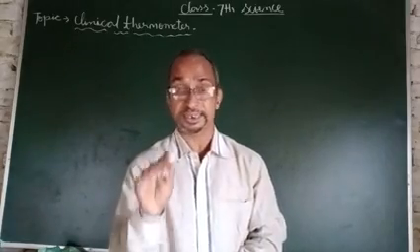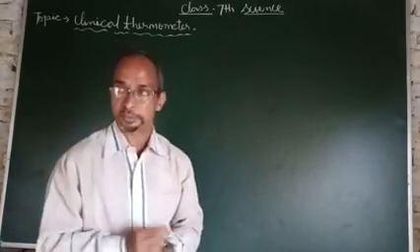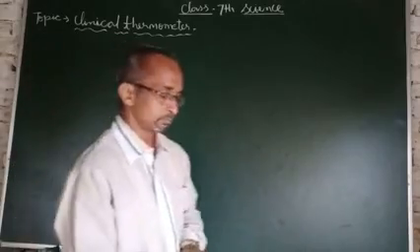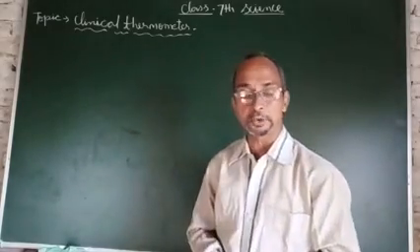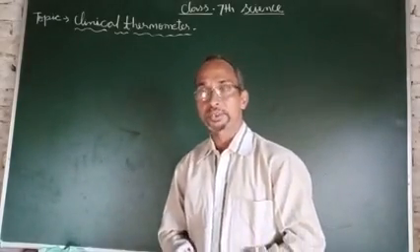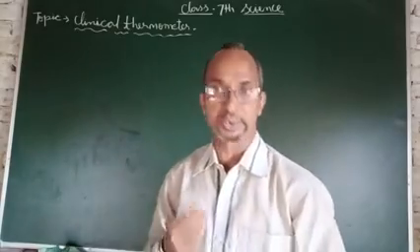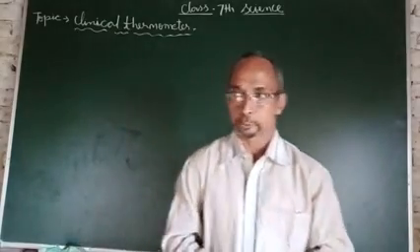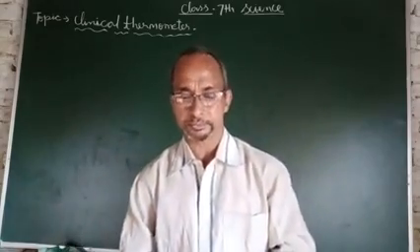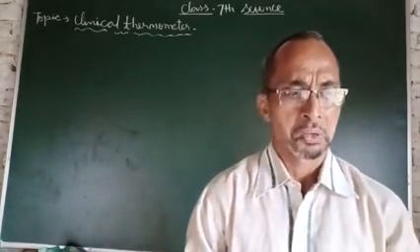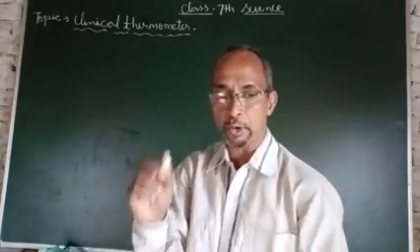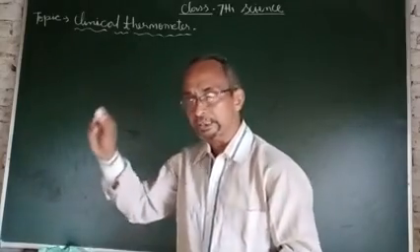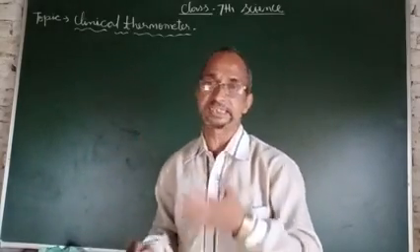The clinical thermometer is also called the doctor's thermometer, and this type of thermometer is used by doctors for measuring the temperature of the human body. The clinical thermometer has a temperature scale marked from 35 degrees Celsius to 42 degrees Celsius.